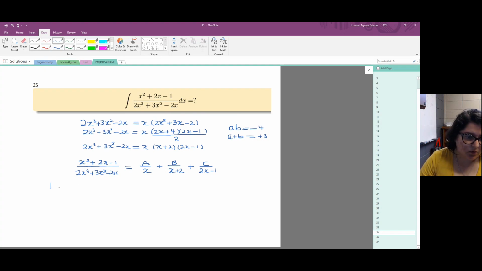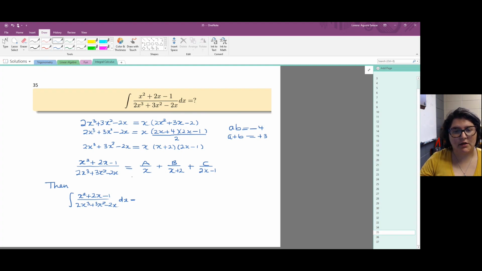We're going to find those constants in a moment. But what we will be able to say from this decomposition is that the integral of x squared plus 2x minus 1 over 2x cubed plus 3x squared minus 2x is the same as the integral of those three terms added up. And integrals are linear.